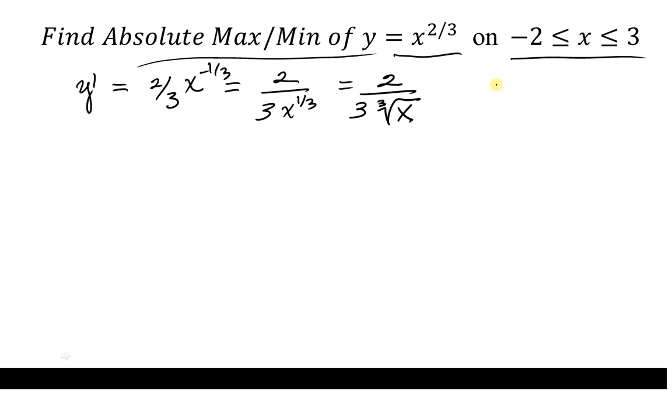Now, this is never 0, so the derivative is never 0. But the derivative is undefined at x equals 0. This is a critical point.